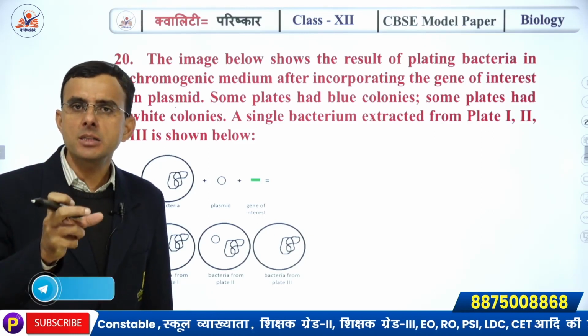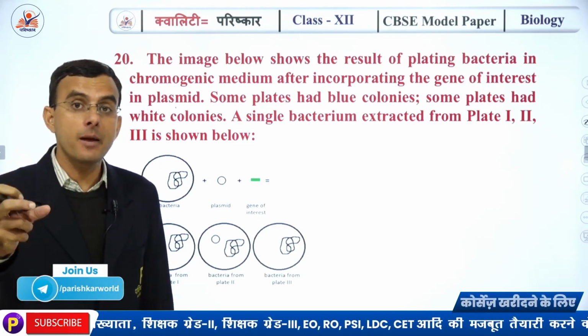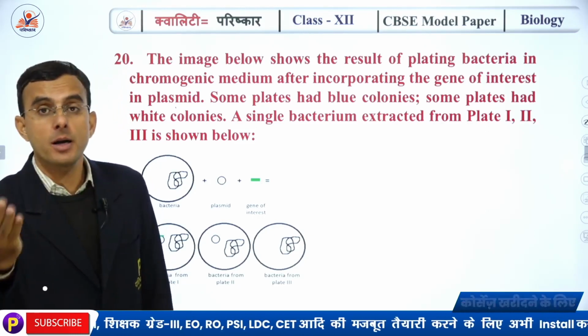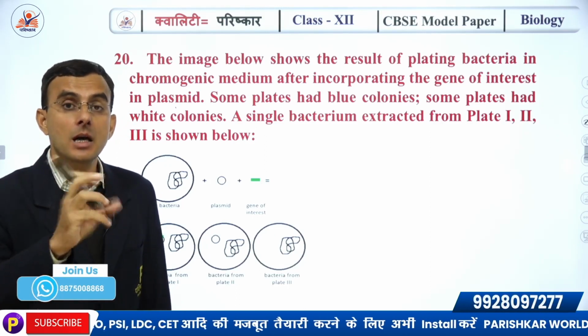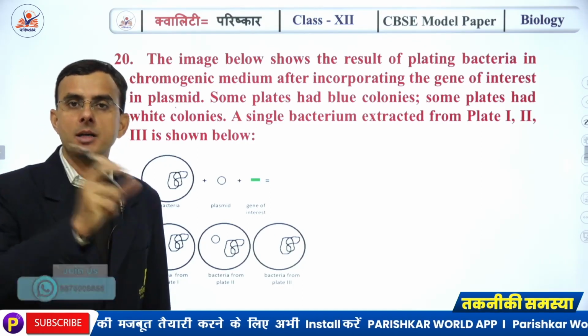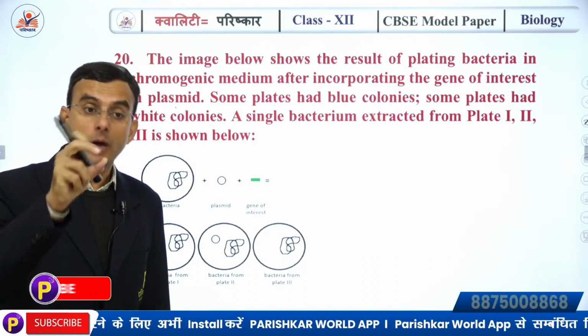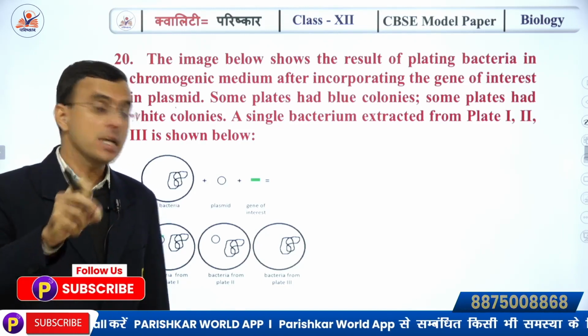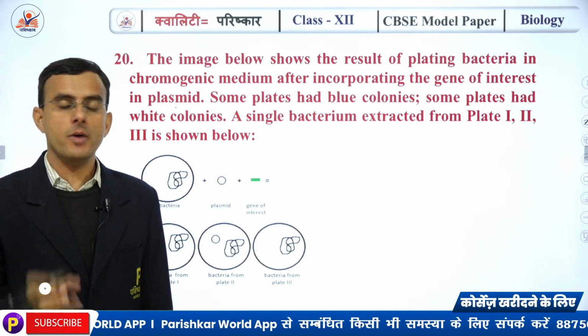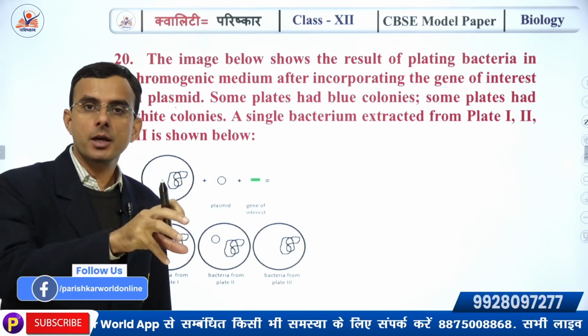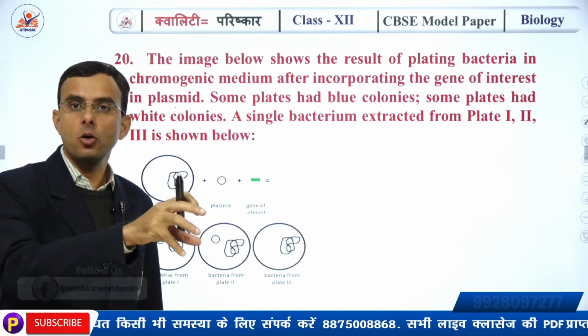If an enzyme is synthesized, and that enzyme converts one product into another, there is a color change. One product is converted into another, and if there is a change in color, we are able to identify whether our gene of interest is inserted or not.